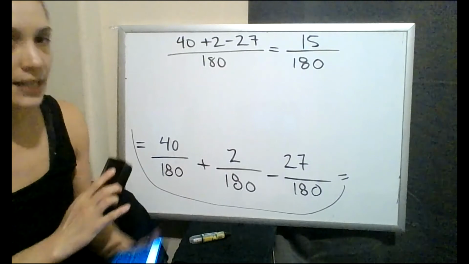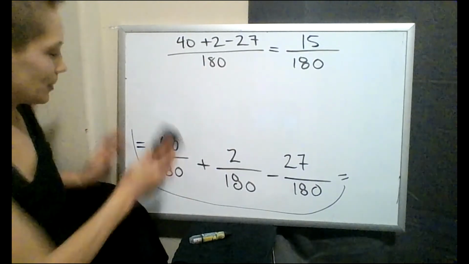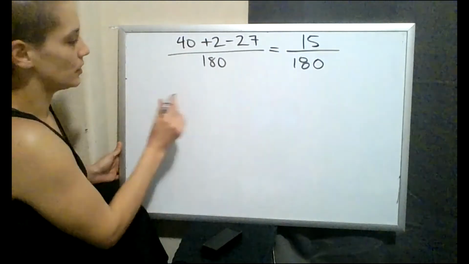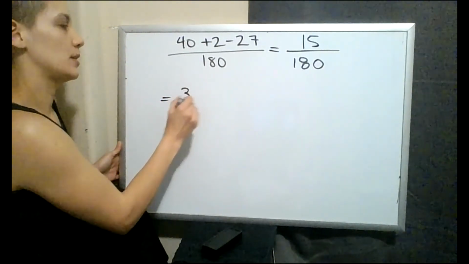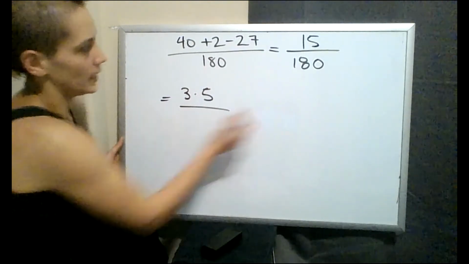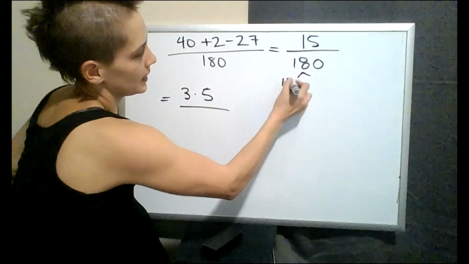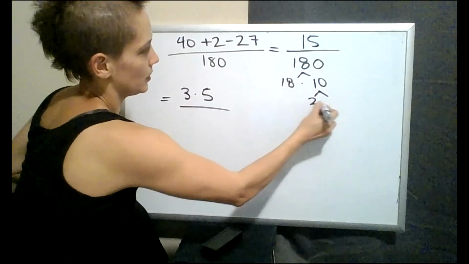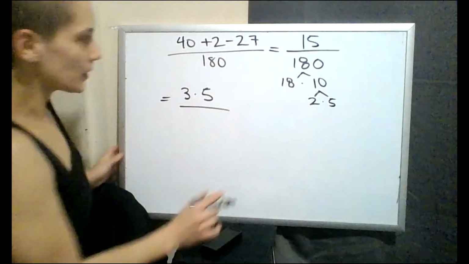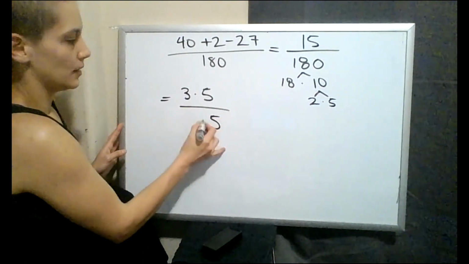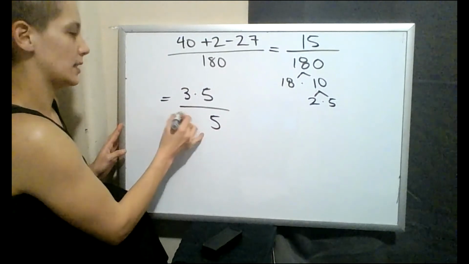Okay, cool. And then we'll have an answer and then we're done with class. So thank you everybody for sticking to the end of class. We made it to 15 is 3 times 5 over 180 is 18 times 10. And 10 has 2 times 5. 5 times 36.